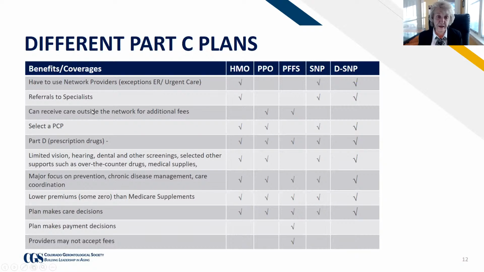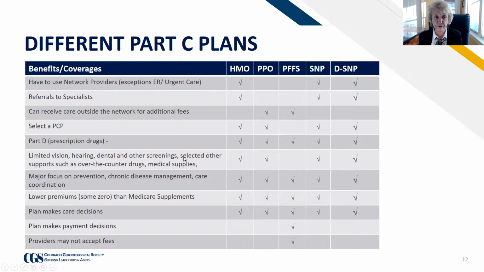You can receive care sometimes out of the network for additional fees. You usually have to select a primary care provider. Most of them offer a prescription drug plan. Many of them offer limited vision, hearing, and dental services, as well as other screenings.